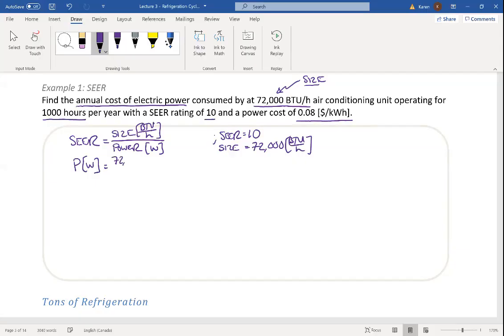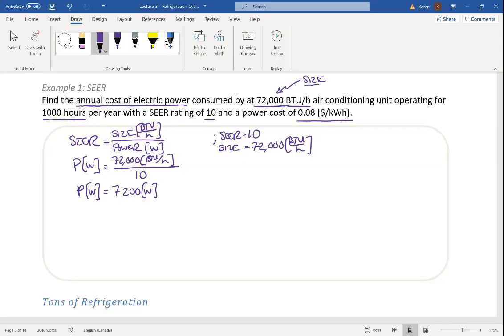So 72,000 BTUs per hour over 10 is 7,200 watts. Because of the SEER, the 72,000 BTU per hour unit is going to take 7,200 watts of power to be able to perform at that capacity.